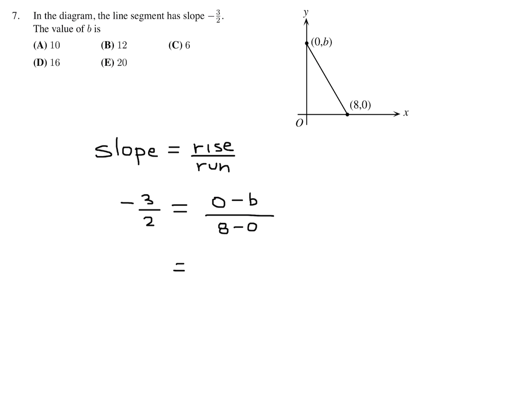So if you do the cross multiplication, this looks like minus 3 over 2 over minus B over 8. And then we can cross multiply now. So this will be minus 24 is equal to minus 2B. And dividing, you get B is equal to 12. So number 7, the answer is B.